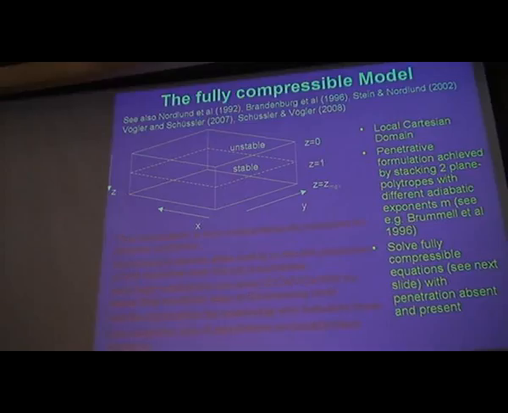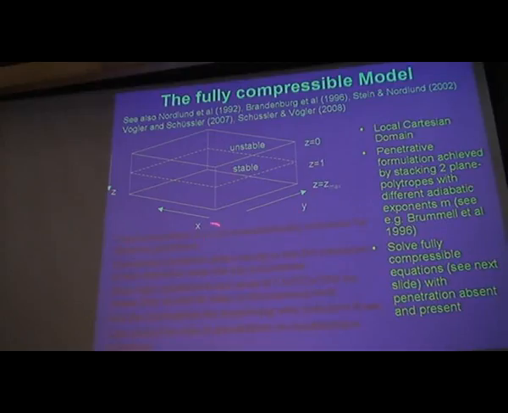And we solve the fully compressible equations. We do a very simple thing. We just solve them with penetration present and penetration absent, and we ask, is one better than the other? Just to test this claim.